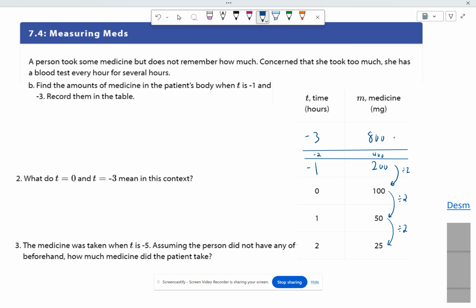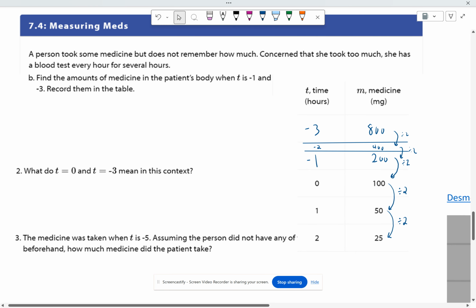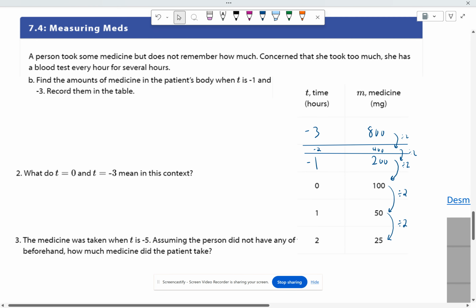Because each time we're just going to divide by 2, divide by 2. So it kind of keeps us in that pattern here. So in this situation, if every hour the amount of medicine in our body is being halved, then the hour before we can get it by doubling it.